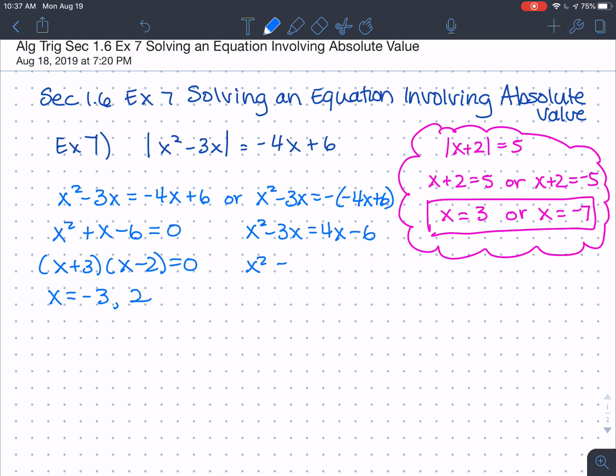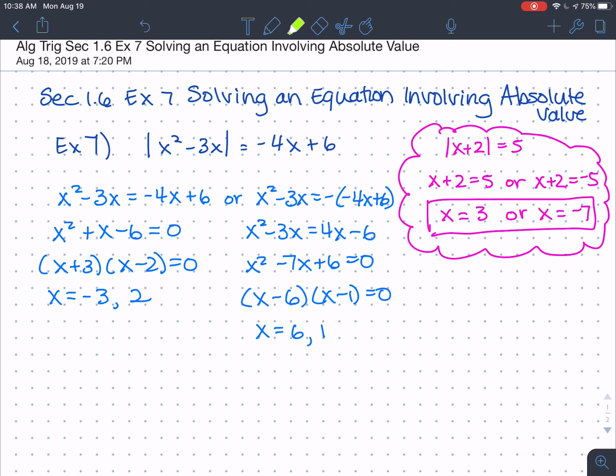Then I'll subtract 4x from both sides and add 6. We get x minus 6, x minus 1. So x is equal to 6 or 1. So looks like I got 4 possible answers. And I say possible because some of them may be extraneous. Yes, we may have extraneous solutions here.